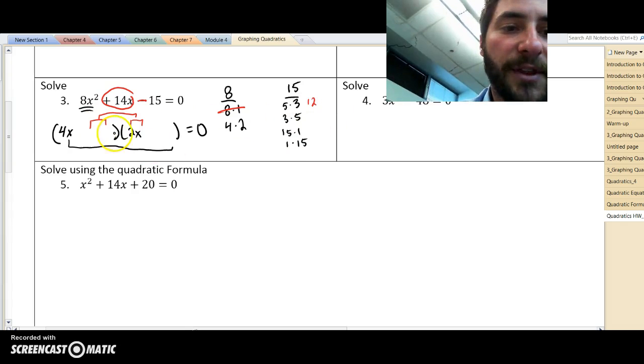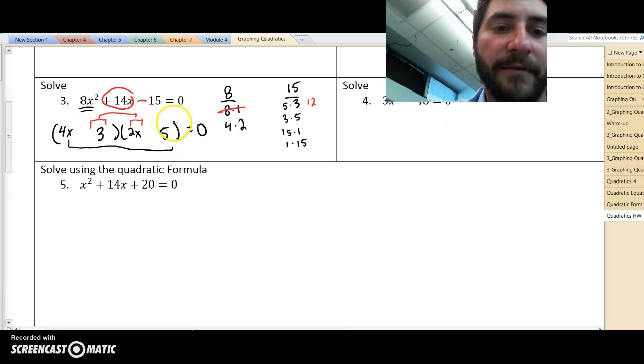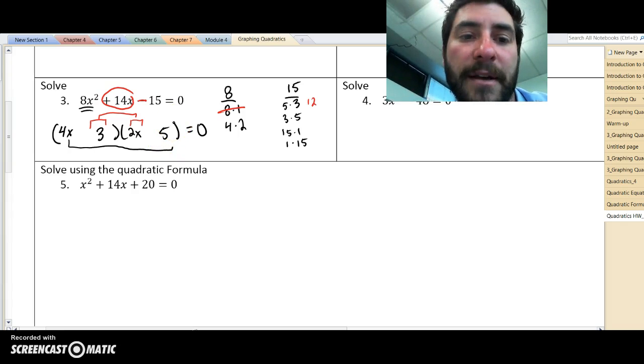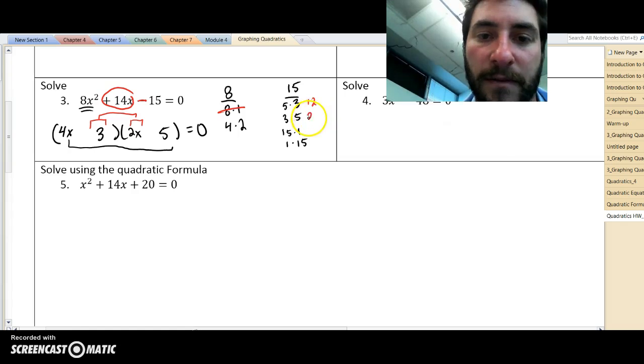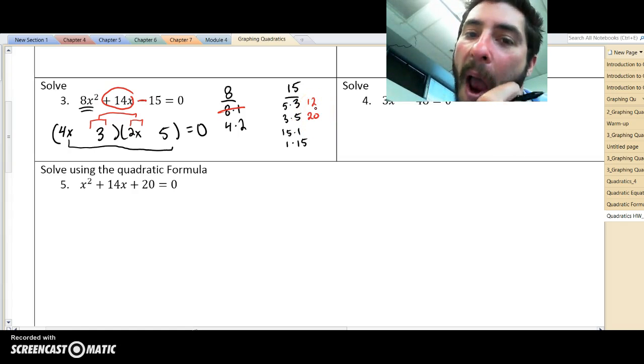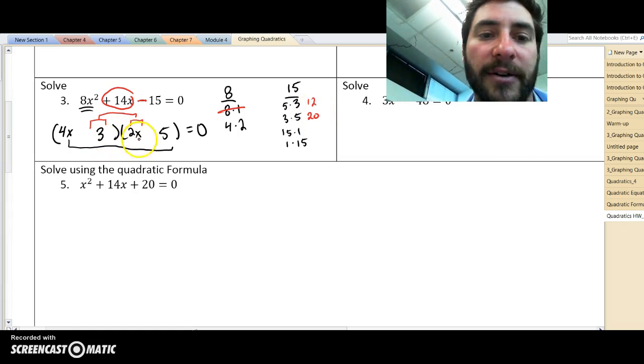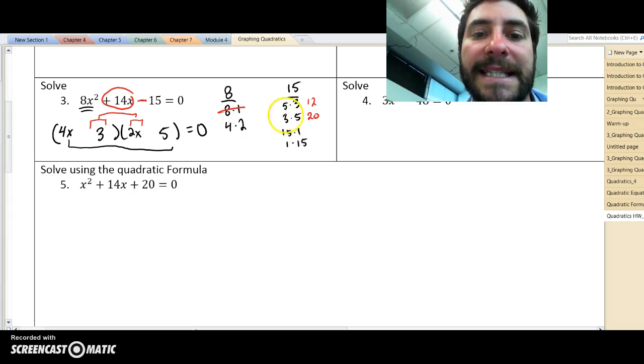And if we put the 3 then on the inside and the 5 on the outside, if we get the outsides, that's 4 times 5, those are the outsides. That makes 20. 20 x's. And the inside here, 3 times 2, is the inside.